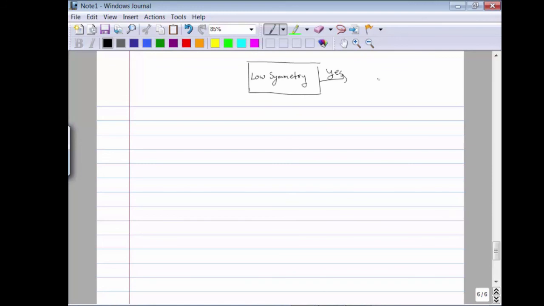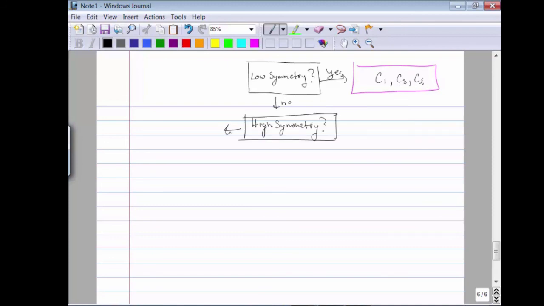Yes, then you have C1, Cs, or Ci. If no, then you ask yourself if it's a high symmetry group. If it is, then it's going to be either a tetrahedron, an octahedron, icosahedral, C infinity v, or D infinity h.